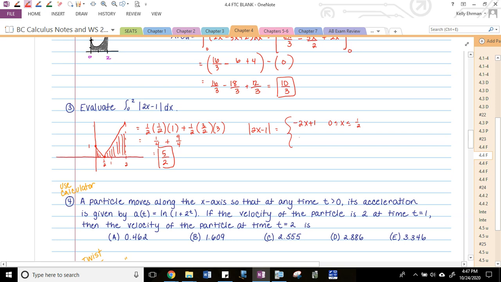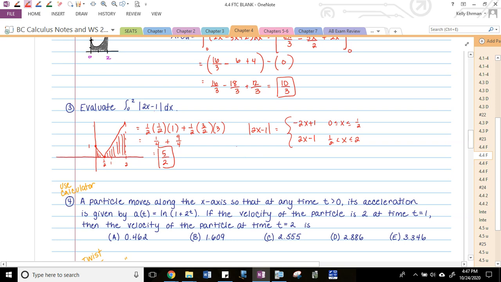And for anything between 1/2 and 2, you've got the line positive 2x minus 1, because that's a positive 2 slope, and the original intercept was minus 1. It doesn't matter where I include the 1/2. And then you would have to integrate separately.